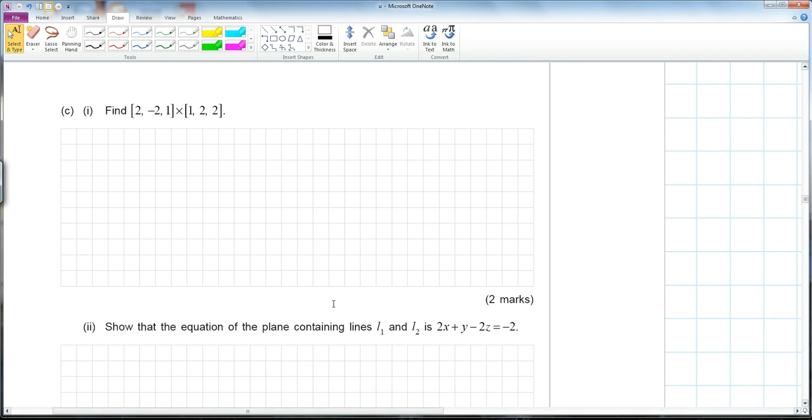The next part, we need to find the cross product of these two vectors.